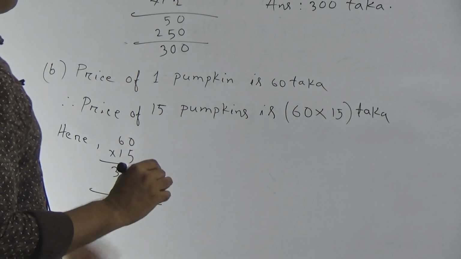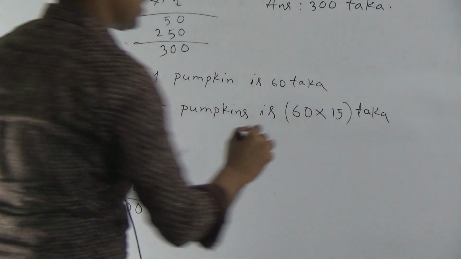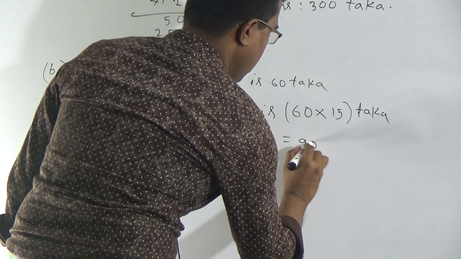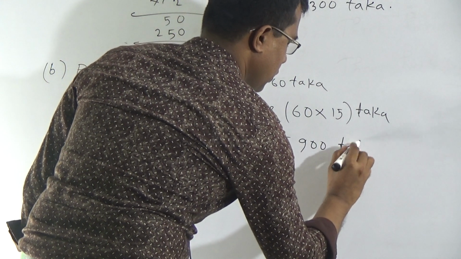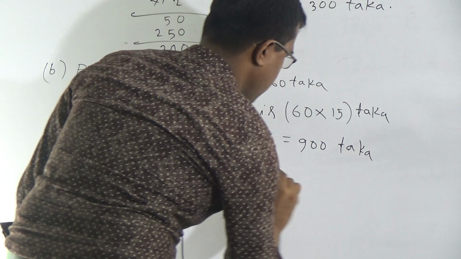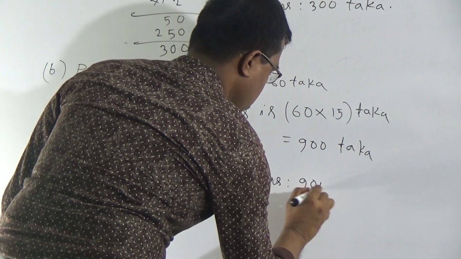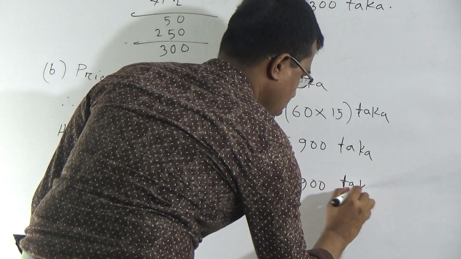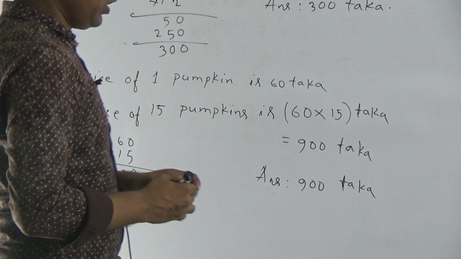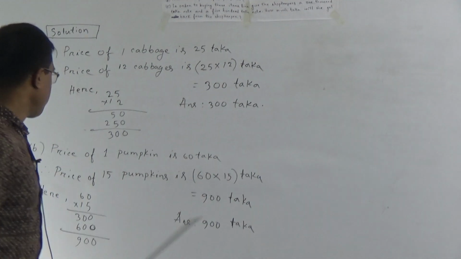That means the price of 15 pumpkins will be 900 taka. And the answer will be 900 taka. Dear students, we have finished our B number question. Now we will solve C number question.